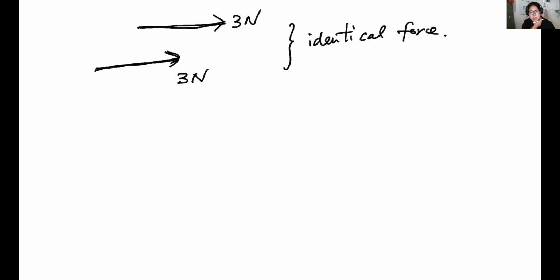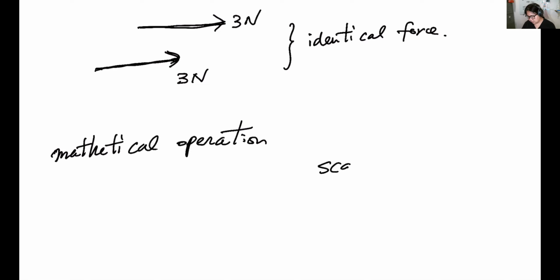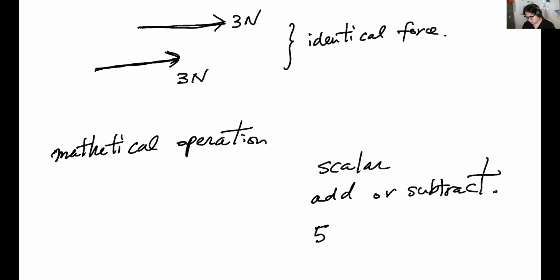So if it's just a scalar, you can add or subtract like how you normally do. You have 5 meter plus 2 meter equals 7 meter. This is just a length.